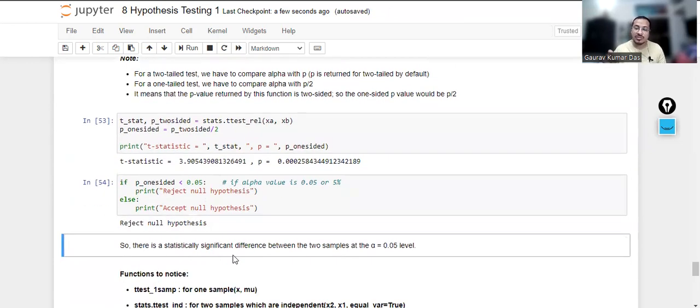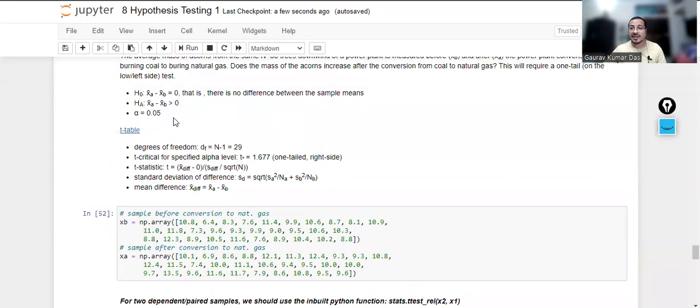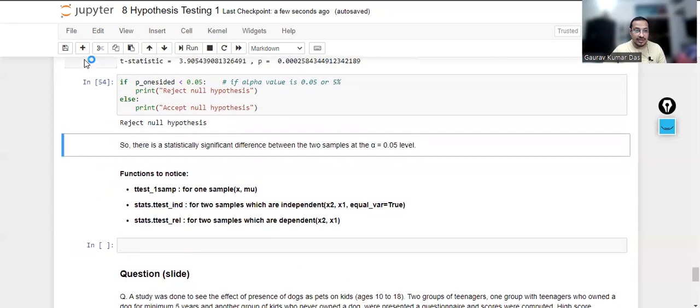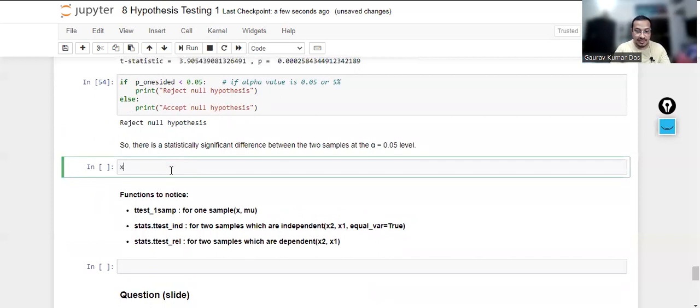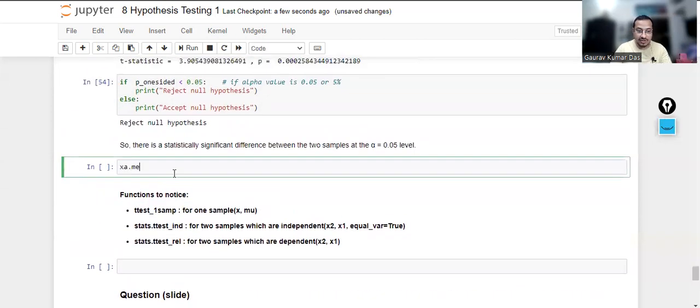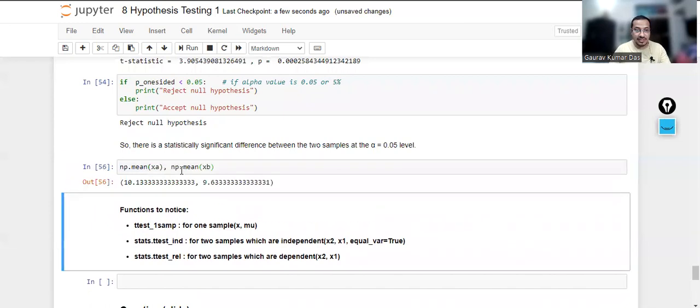So there's a statistical difference between two samples at alpha equal to 0.05. So after the conversion from coal to natural gas, the mass indeed is very different. Okay, in fact, it is greater than the one which we had before. And you can actually test this as well, right? If I have xa, which is after, np.mean of xa is this, whereas np.mean of xb is 9.6.